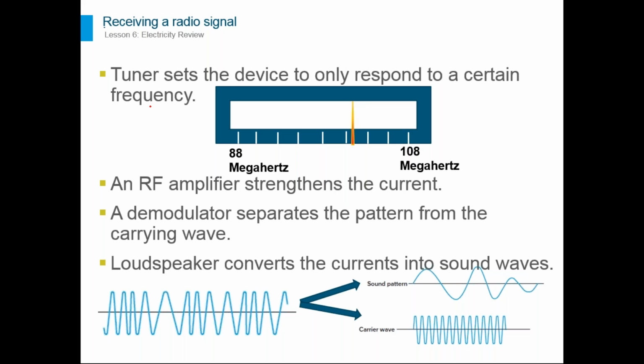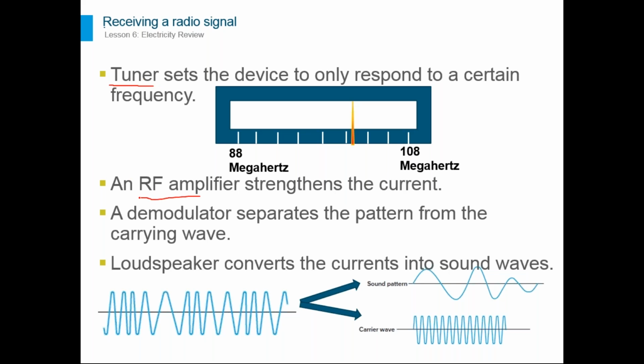In newer radios, it's digital, where you just press a button that says go to the next one, go to the next one, and you just go forward or back, and it'll automatically find the frequencies for you that are available. So that's the tuner that sets the device to only respond to a certain frequency.